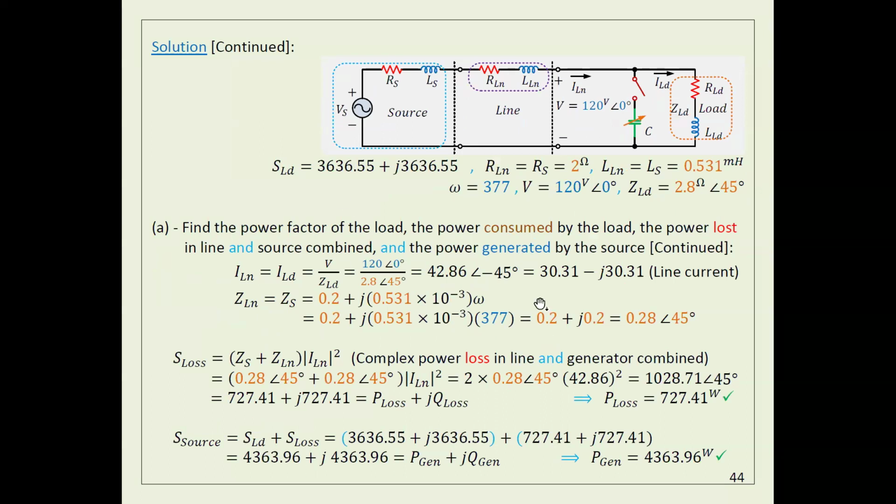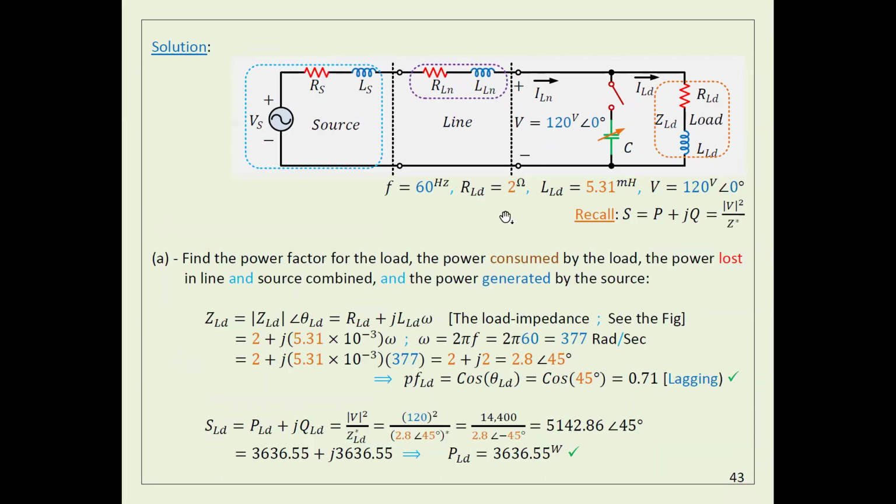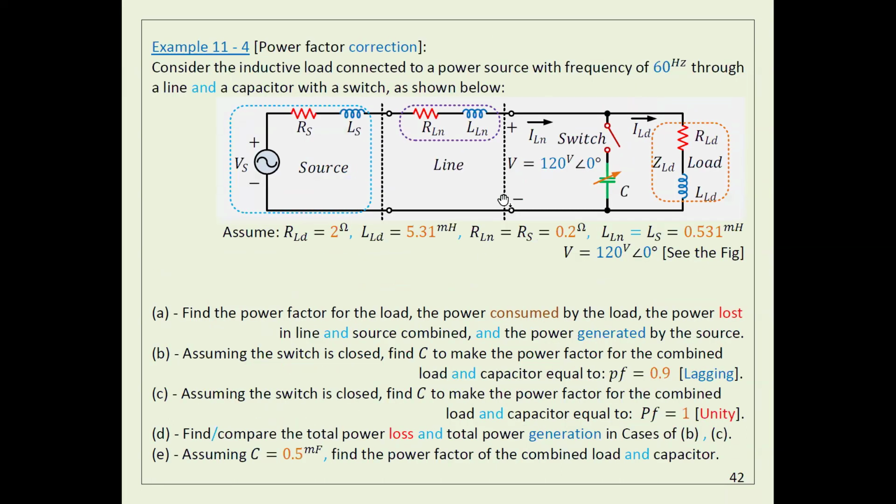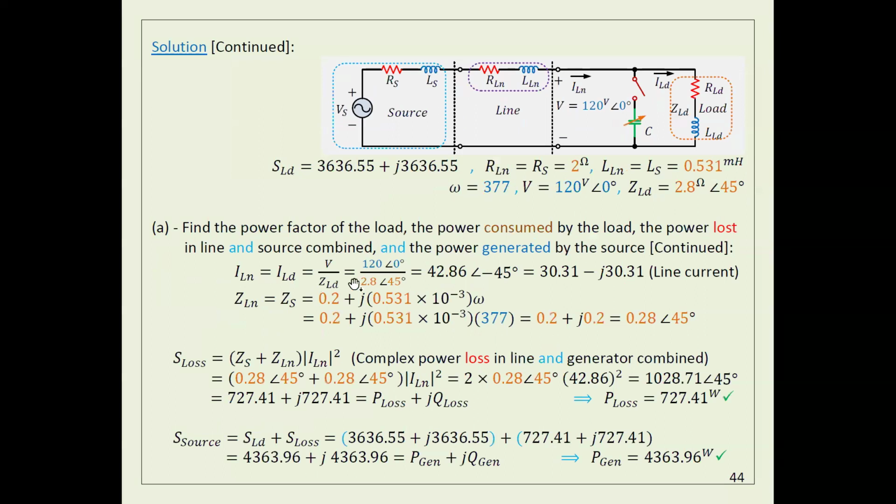And then after that, I want to calculate how much losses I have here. To calculate the losses, the easy way is to find the current and the total impedance. The total impedance should equal R plus jωL, and you can calculate it this way.